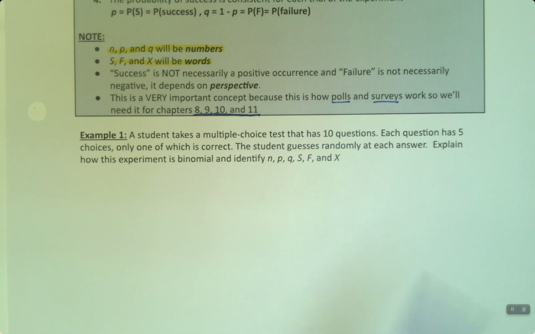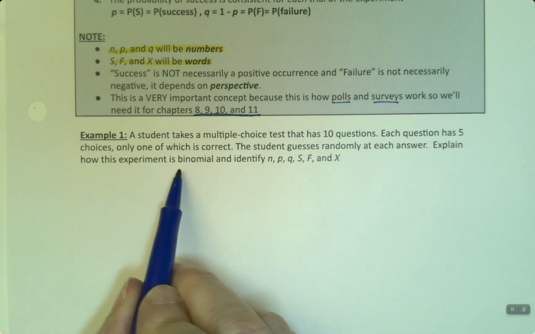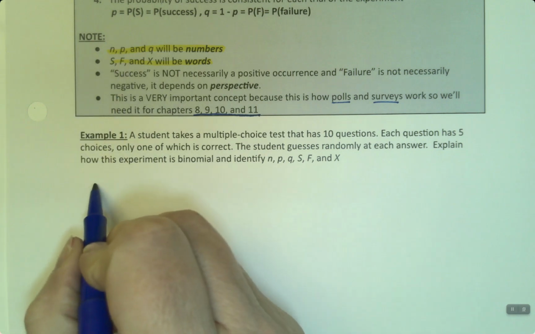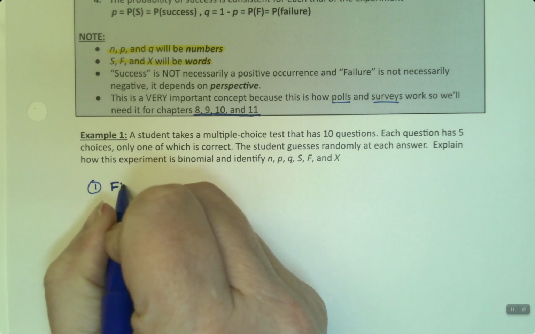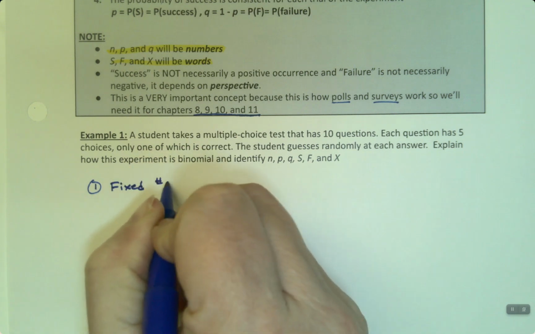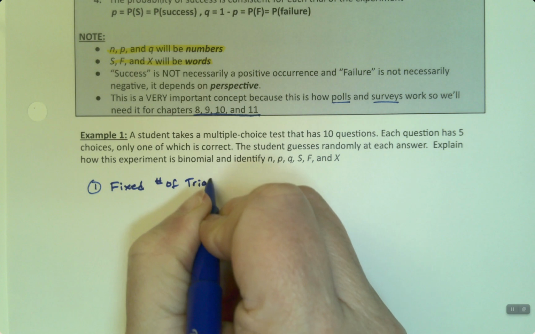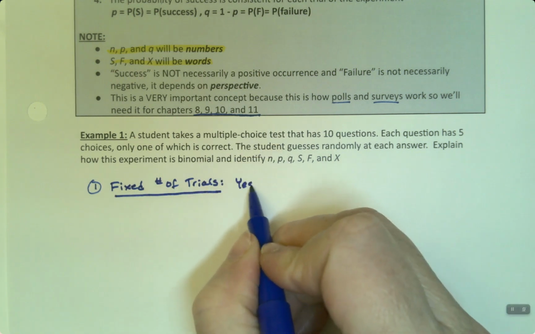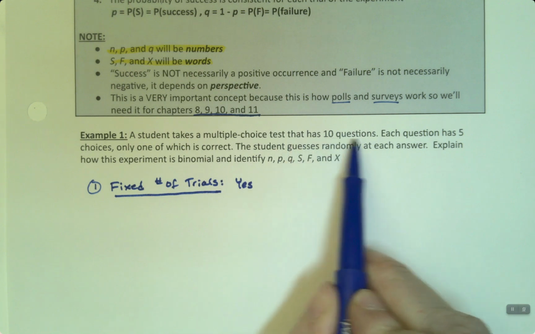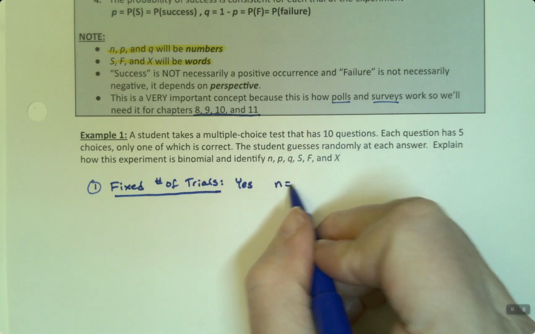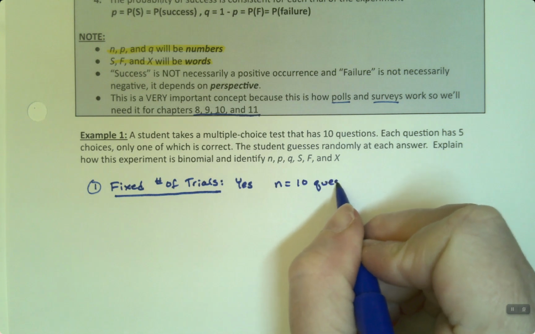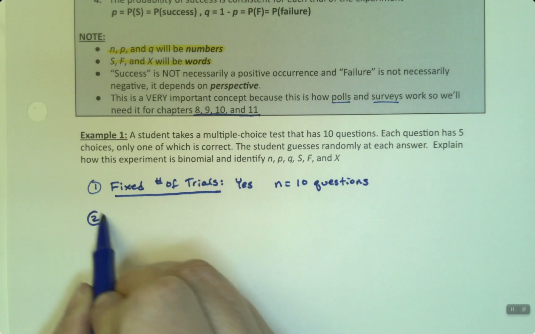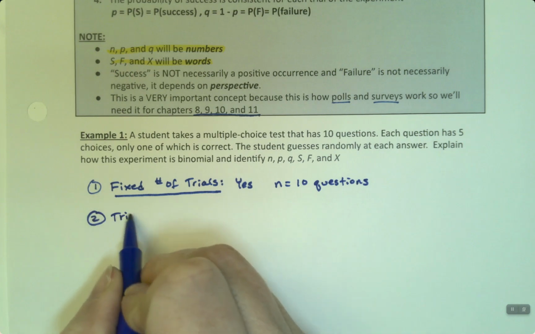To explain why it's binomial, we have to show that it satisfies the 4 conditions up above. First, the fixed number of trials. Yes, this satisfies that because it has 10 questions. N is equal to 10 questions. Number 2, are the trials independent?